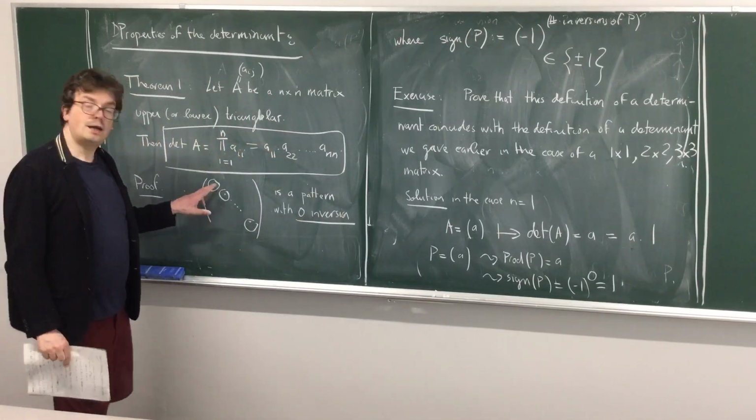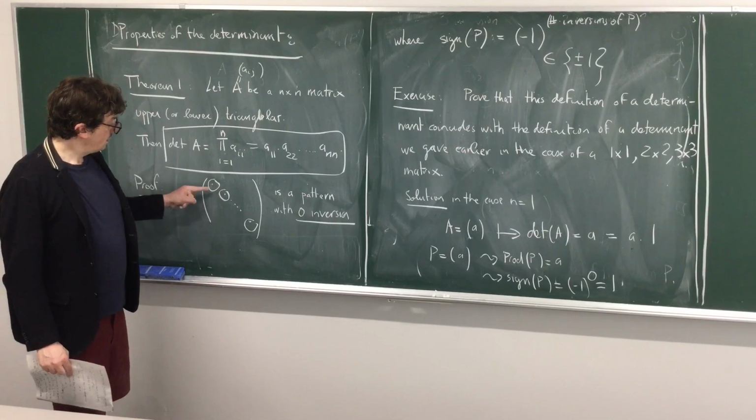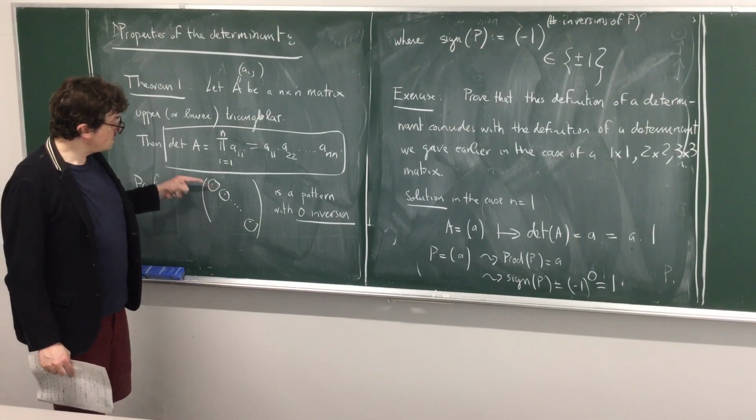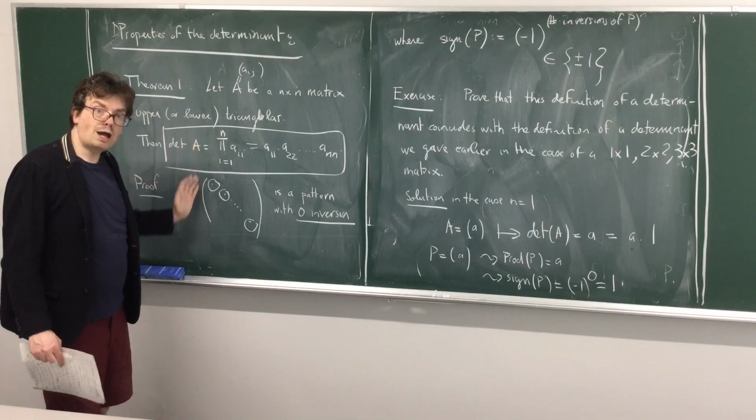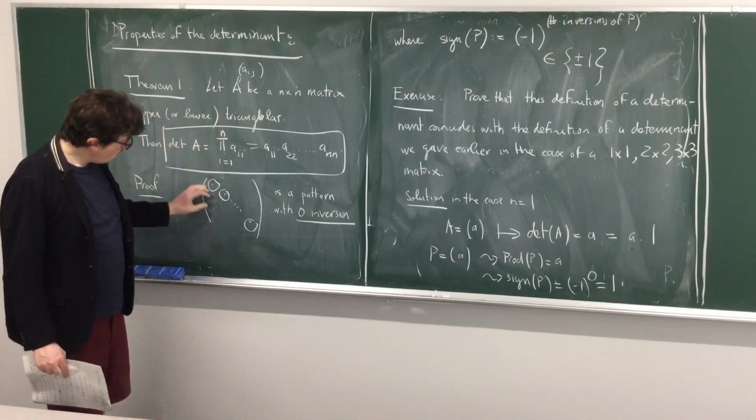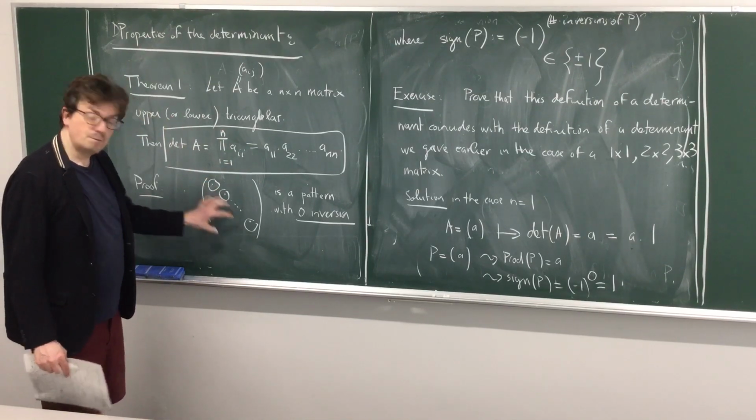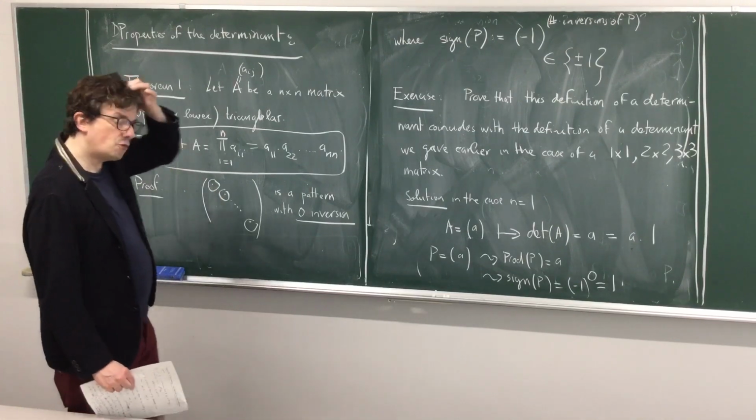If you take 2 entries, one will always be right and below, but never right and above. So all these pairs of entries will never give an inversion.